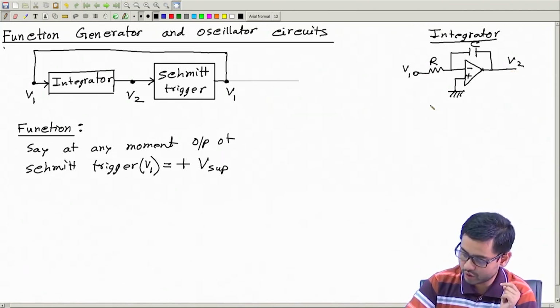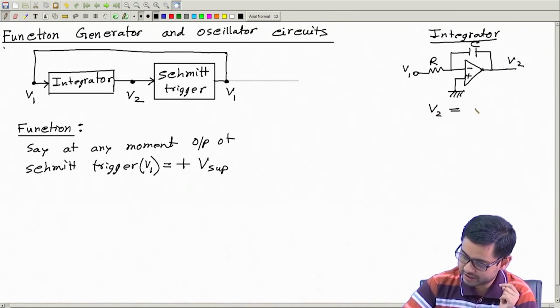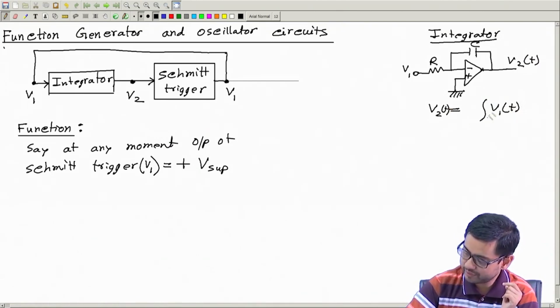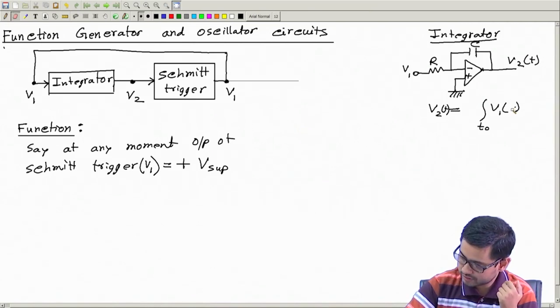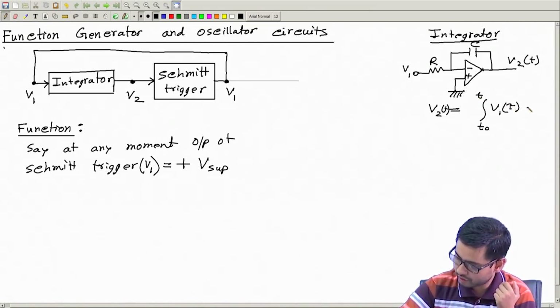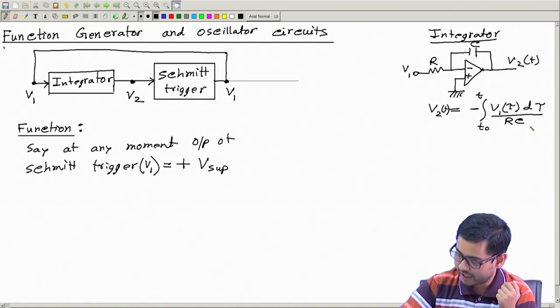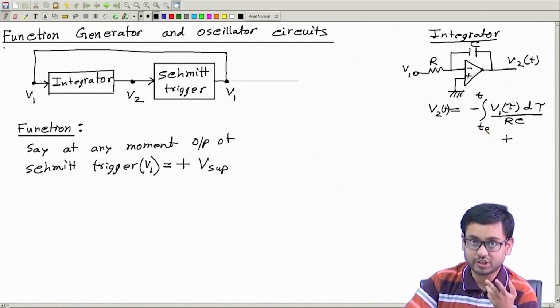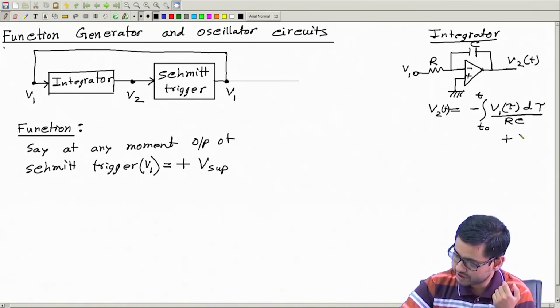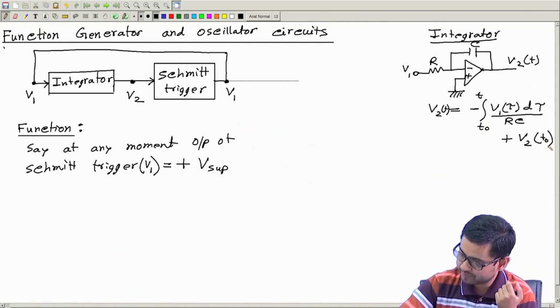So V2 is minus 1 over RC times the integration of V1 of tau d tau from some time t0 to t, and we can add the integration constant, which is the starting value of V2, that is V2 at t0.